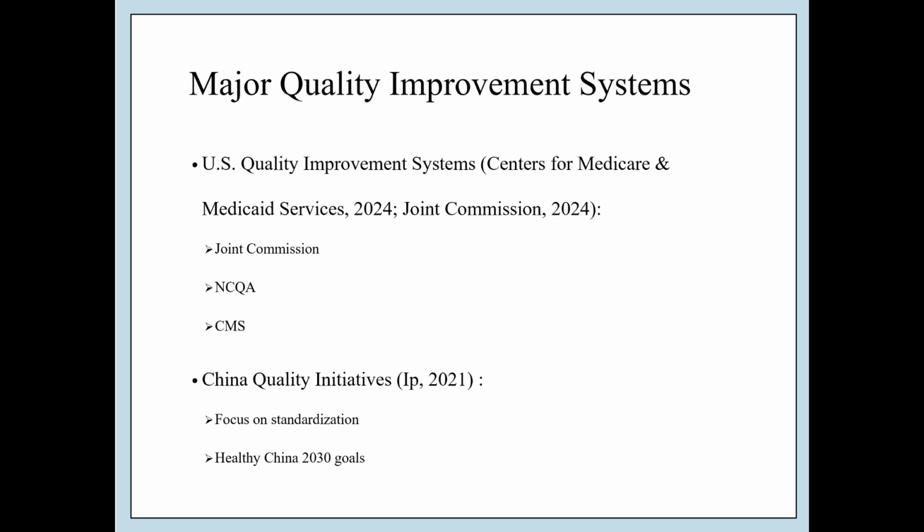For the United States, the quality improvement system used is the Joint Commission, which goes in and verifies that facilities and healthcare providers are following the proper protocols and ensuring the safety of the patients. The NCQA is basically the same as the Joint Commission, but they are hired by private practices, and usually they are hired through grants or through some sort of financial system.